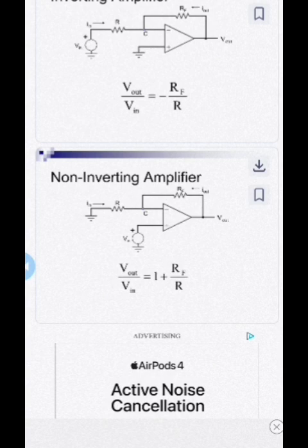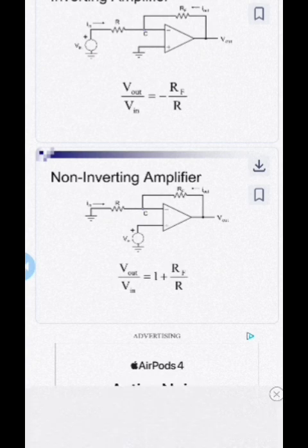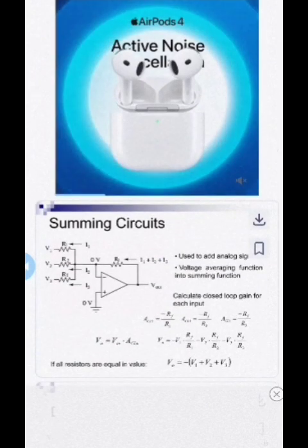Whatever input you give, the same polarity appears at the output. If your signal is positive, the output signal is also positive. The equation for the non-inverting amplifier is V out divided by V in equals 1 plus RF divided by R.